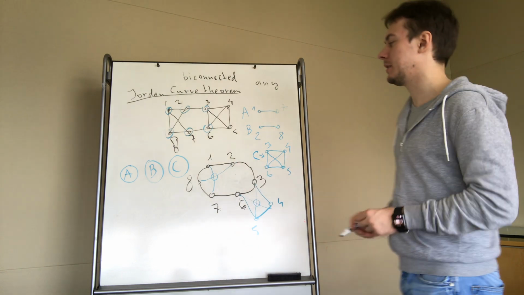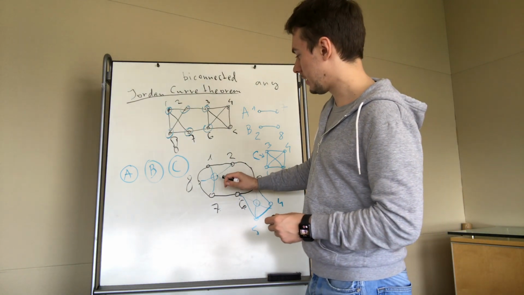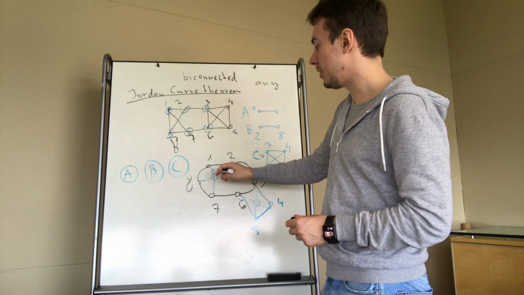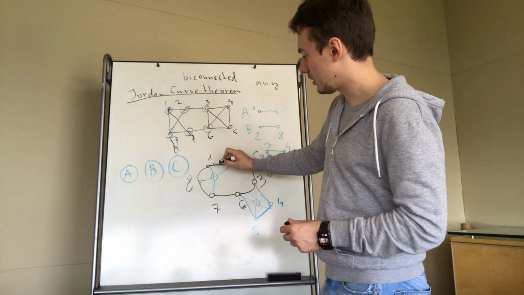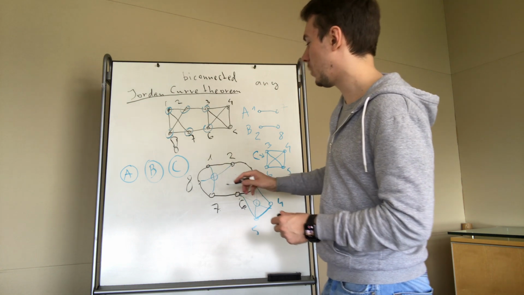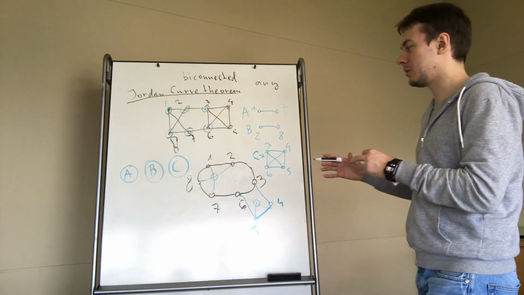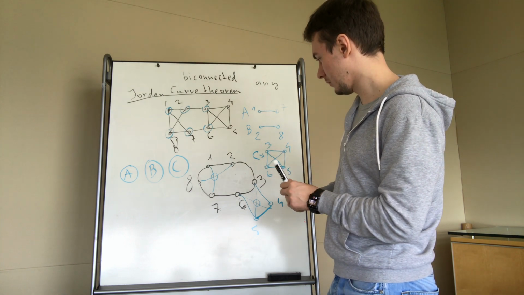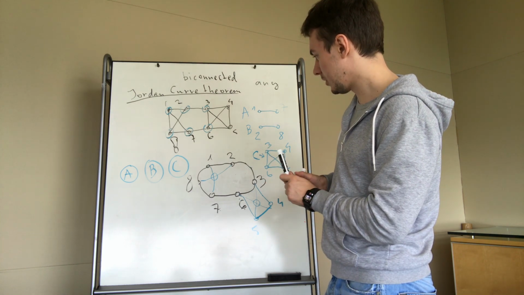For us, it means that we will not be able to draw the two subgraphs 1, 7 and 2, 8 in one subsurface.